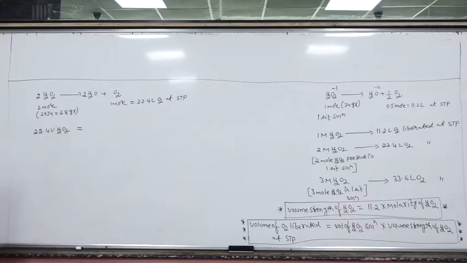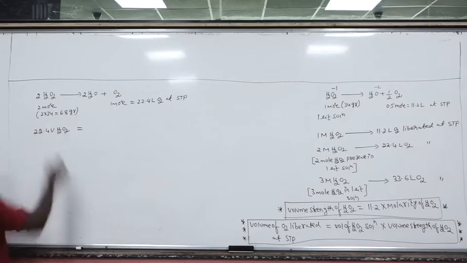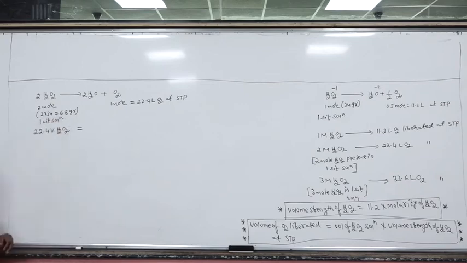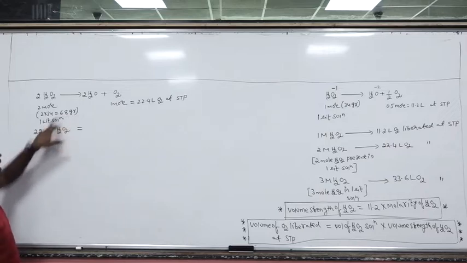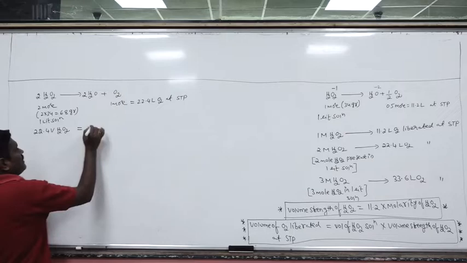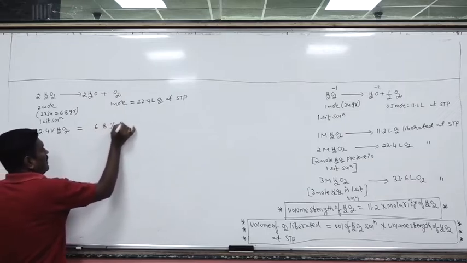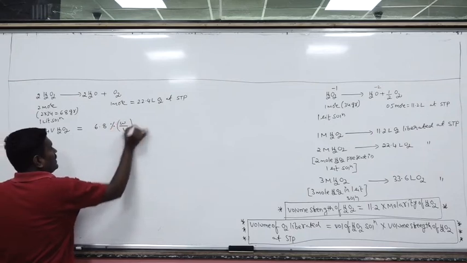Now, how many grams of H2O2? 68 grams. 68 grams present in how many liters of solution? 1 liter solution. So in 1000 ml, 68 grams. In 100 ml, 6.8 grams. 6.8% W by V hydrogen peroxide.